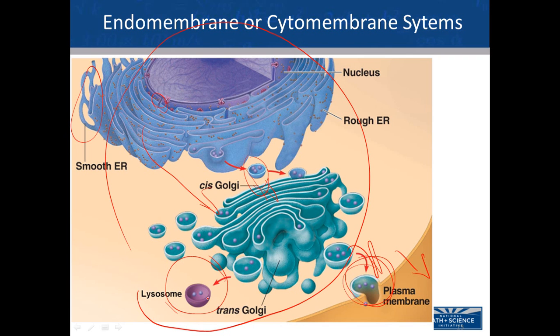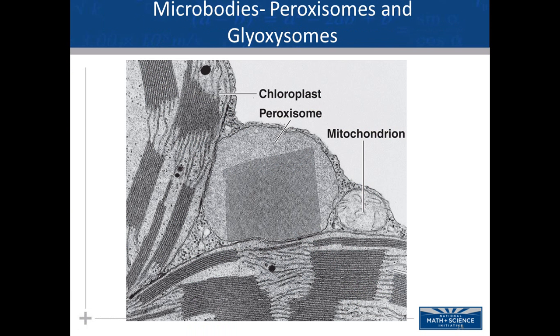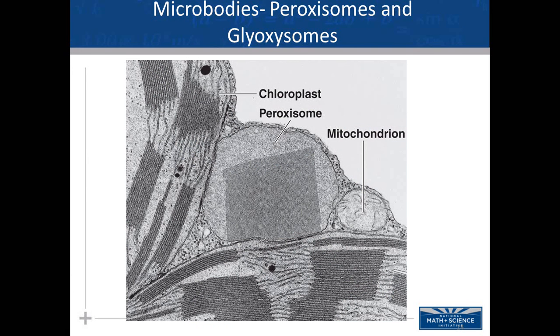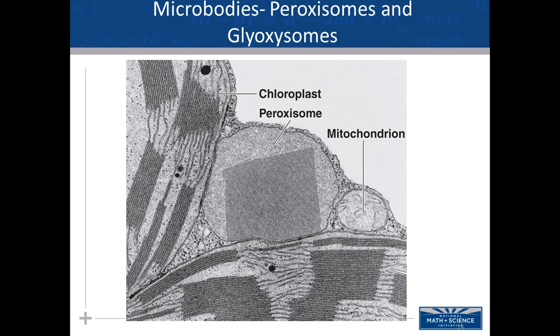So you might be asking, what in the world are microbodies? Microbodies are a collection of membrane-bound organelles that contain enzymes that function in a certain manner. For example, peroxisomes and glyoxysomes are microbodies.